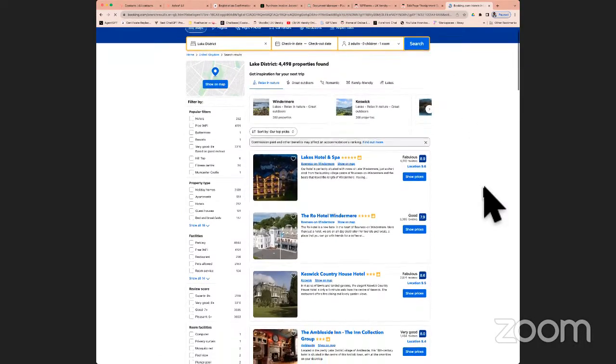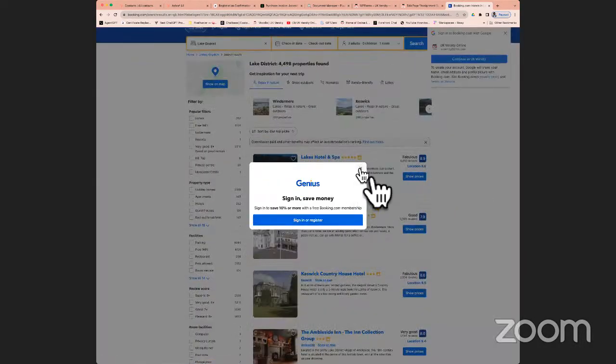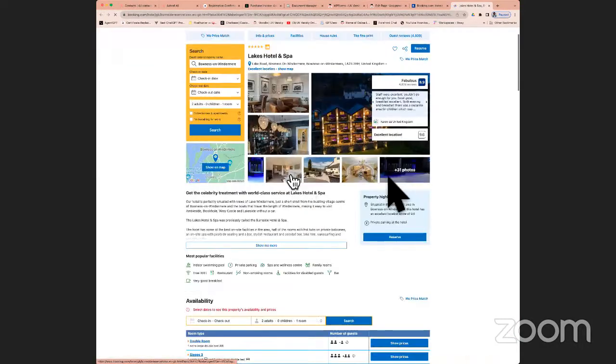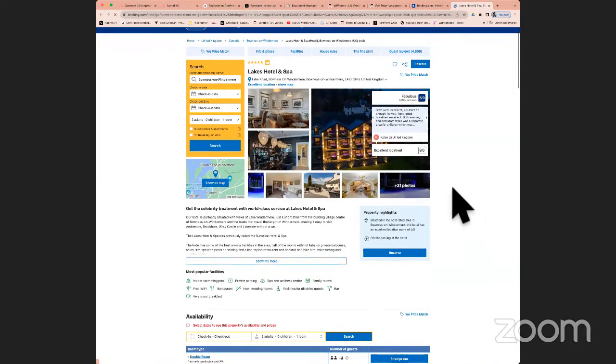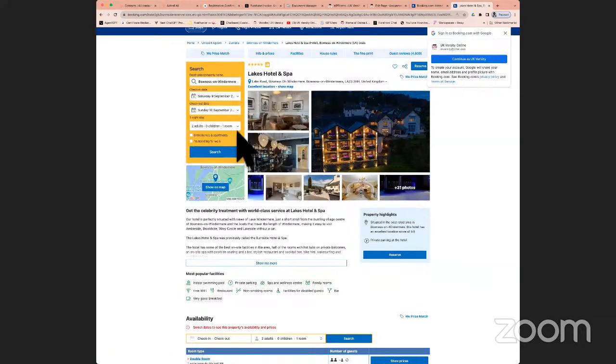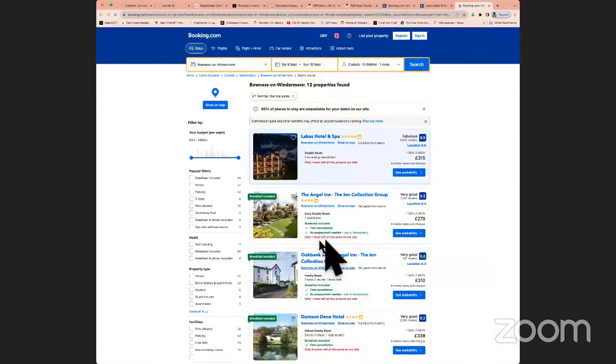So if you could see, it shows different hotels. If I go on to this one in particular and take a screenshot of it, that screenshot could provide prices or details related to this particular example.